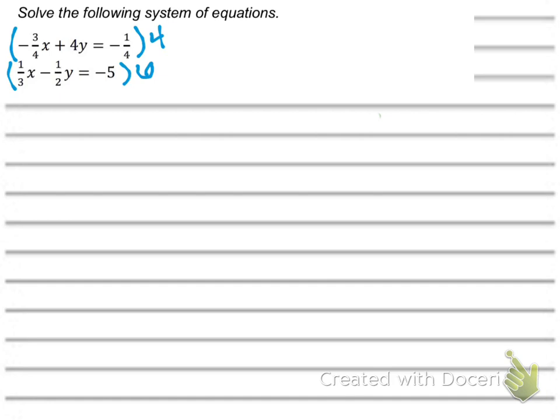So distributing that 4, I'll have negative 3x plus 16y is negative 1.